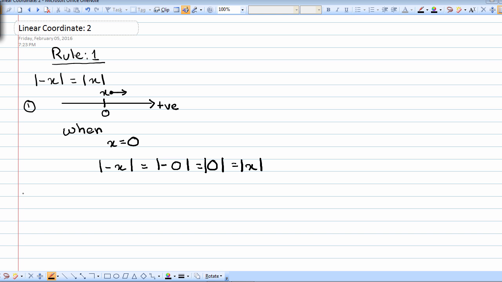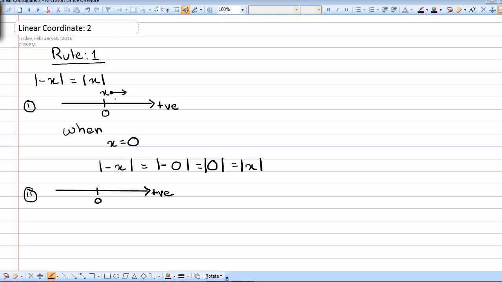The next step that we're going to look at, let me first draw the number line for you. Let me erase this off. Okay, so this is the number line. We must assign the origin, which is 0, and we must say conventionally that the right hand side contains all the positive coordinates.